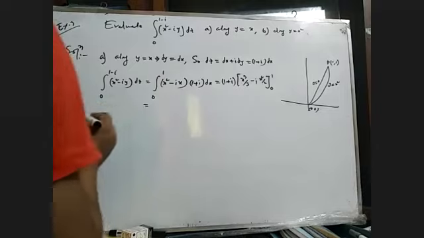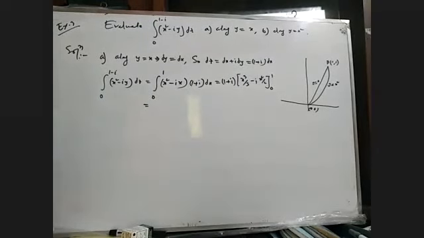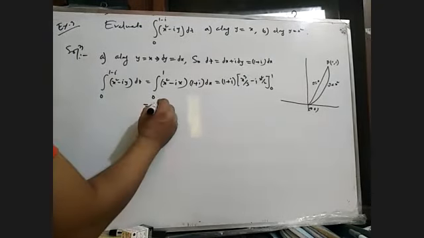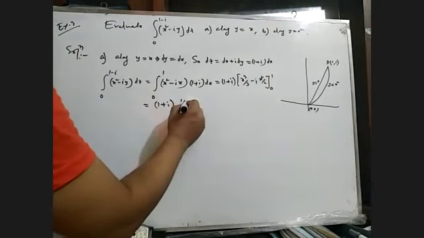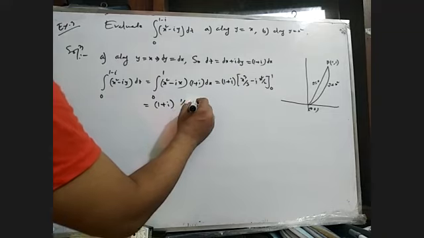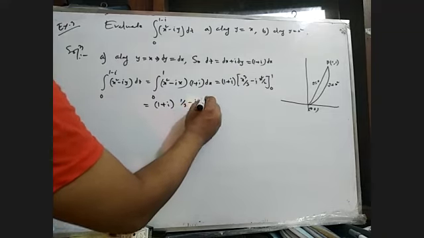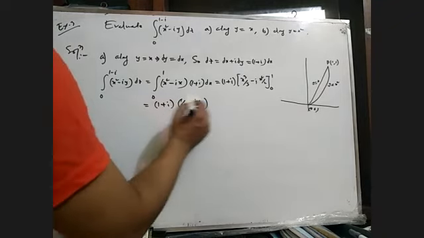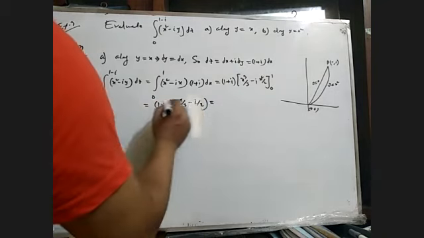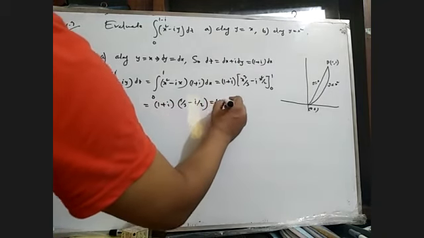So from this line integral, we get 1 plus I, and just putting x equals to 1, we get I by 2. This one. And this is the result. Just after multiplying, we get 1 into 1 by 3 minus I by 2.